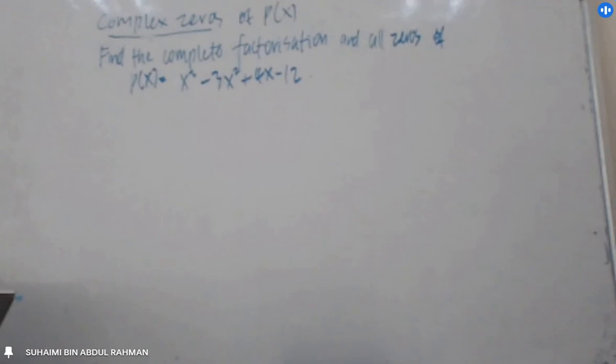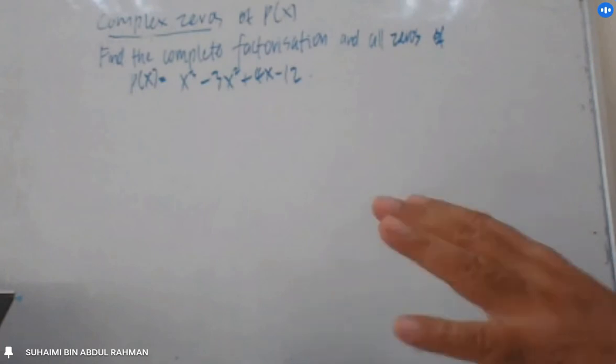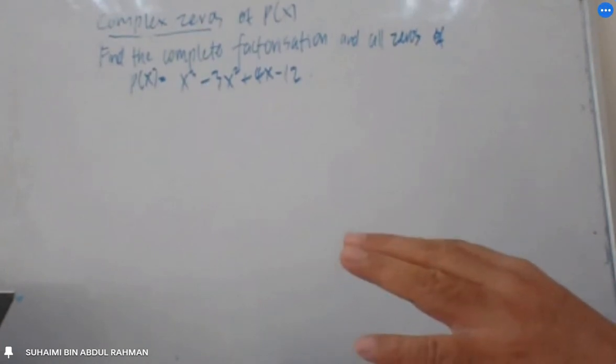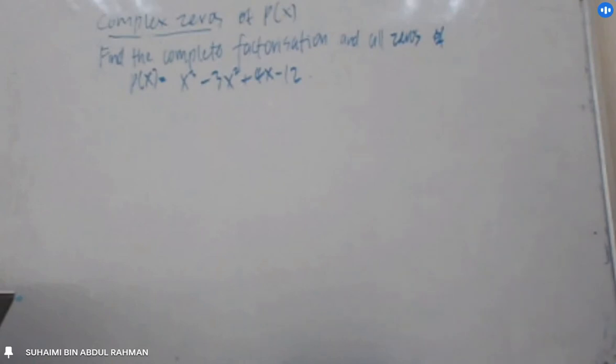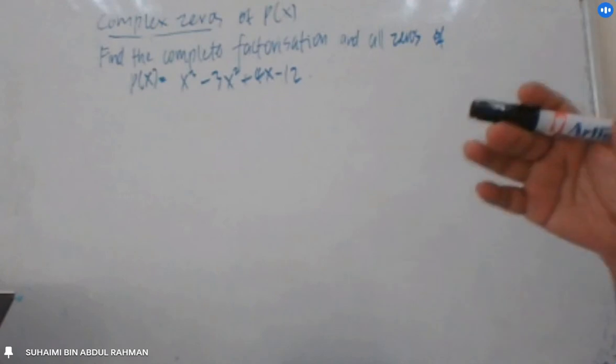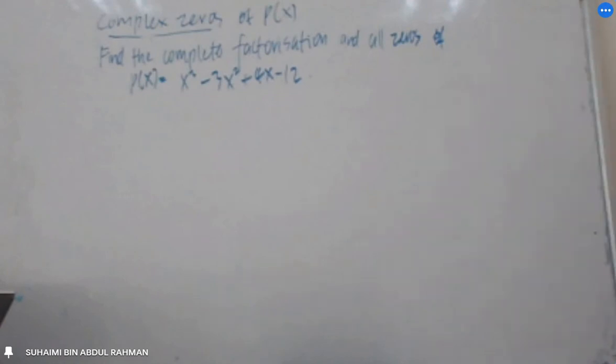Remember the examples from last time, last week. What methods did I use to factorize?